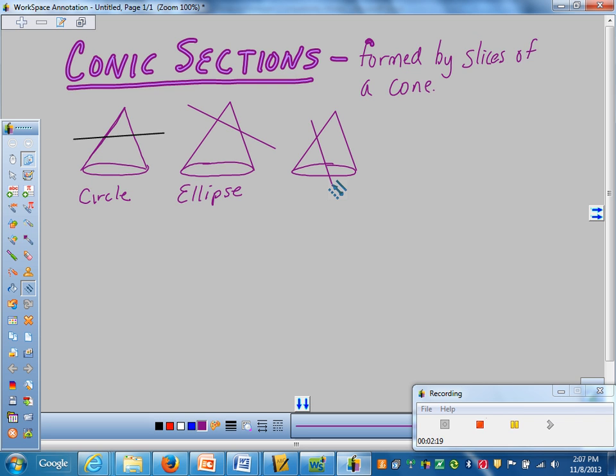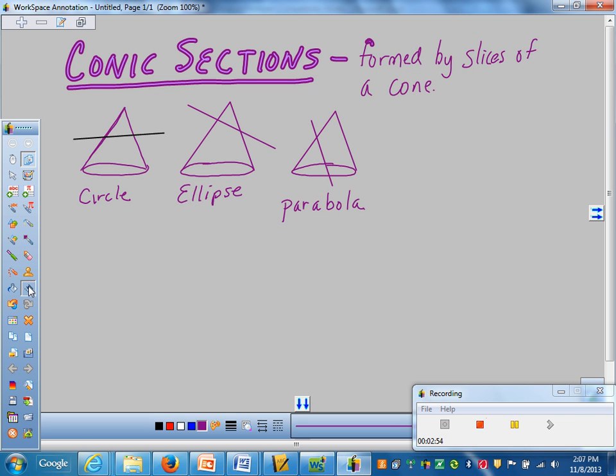On this cone, it slices through here and out the bottom. Have you seen that shape before? You just took a test about it. It's a parabola. So parabolas are parallel to the side, but they have to go through the bottom.